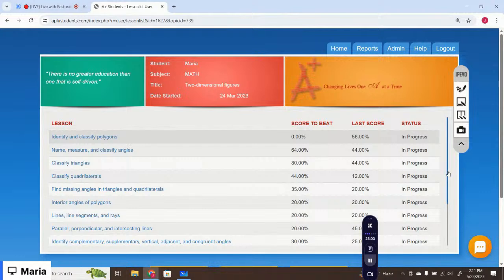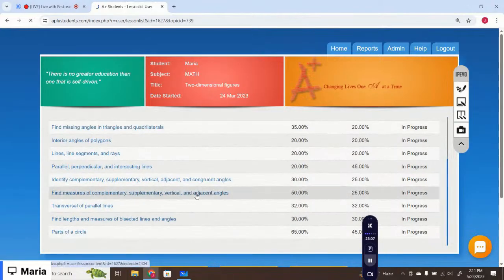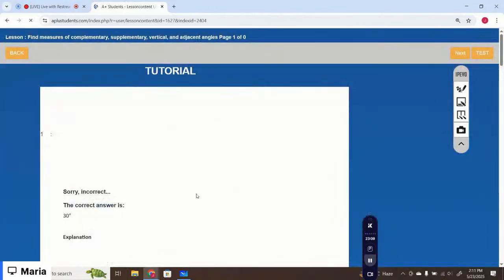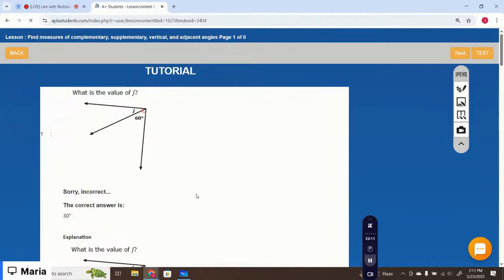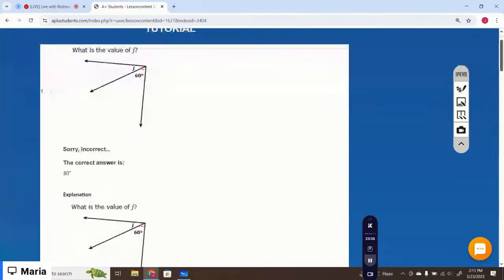The next lesson is find the measures of complementary, supplementary, vertical, and adjacent angles. What is the value of angle J? That is a right angle, right?